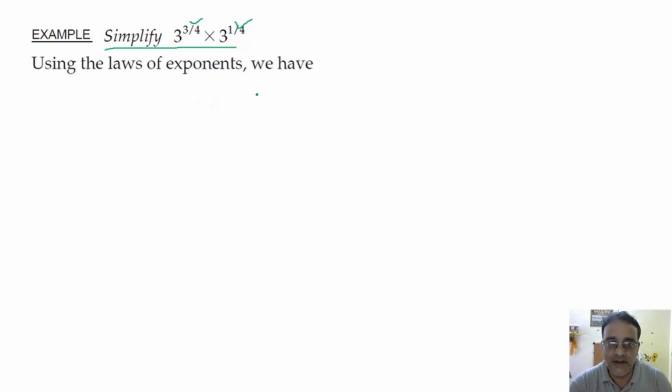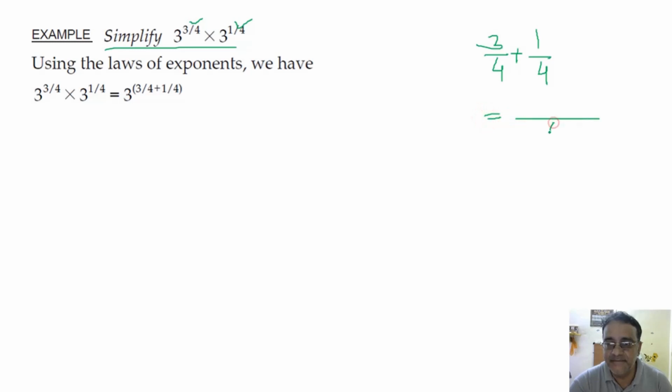So using the laws of exponents we have 3 to the power 3 by 4 plus 1 by 4, so we have to add the powers. Okay, so what is the LCM? 4, and the numerator will be 3 plus 1. So 3 plus 1 upon 4. Final answer.